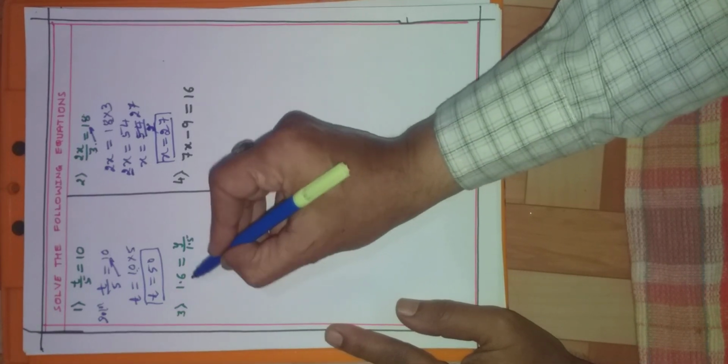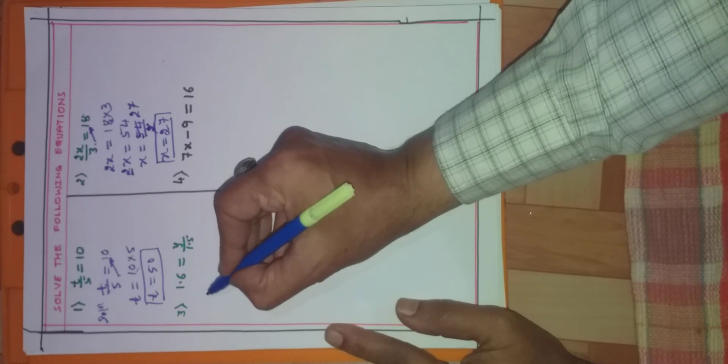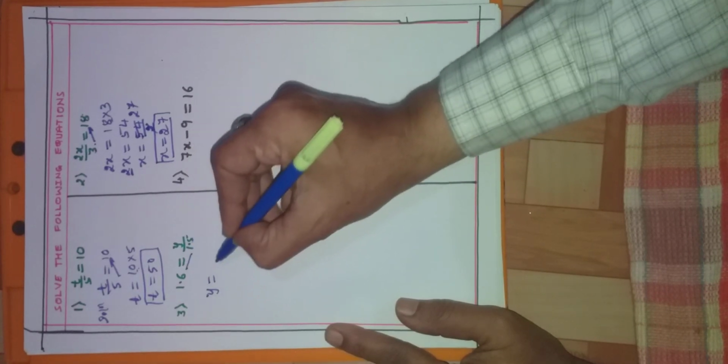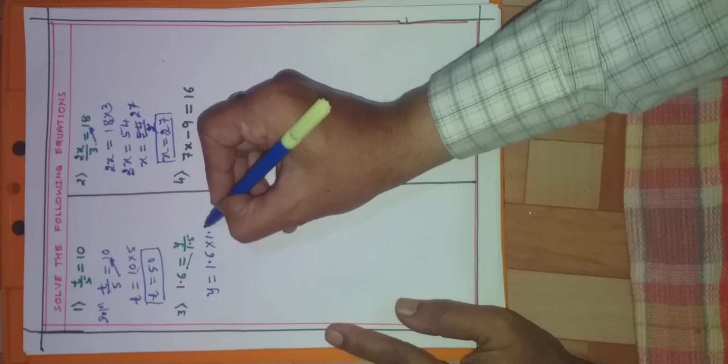Here 1.6 is equal to y by 1.5. y is equal to, again here cross multiply it, 1.6 into 1.5.